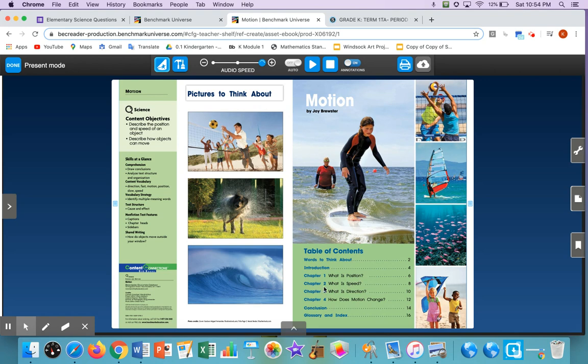I read chapter 2, What is speed? And today I'm going to move on to chapter 3, What is direction? Chapter 4, How does motion change? I'm going to read the conclusion and then I'll show you what the glossary and the index look like at the end of this book.